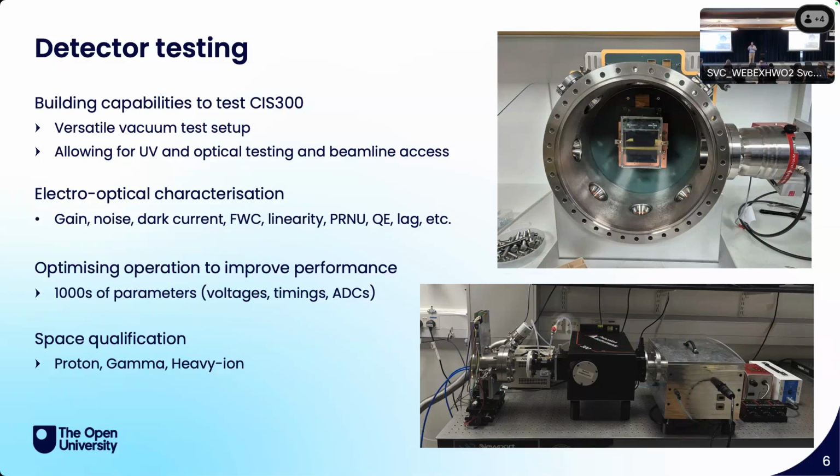We want to get the noise even lower than the promised 2 electrons, hopefully down to about 1 electron. But also figure out the best way to run this device for different science cases. If you have a specific science case, and need to run fast, slow, whatever, how do we optimize the performance of the device? And then as I said, we're planning on doing a radiation damage campaign of this detector.